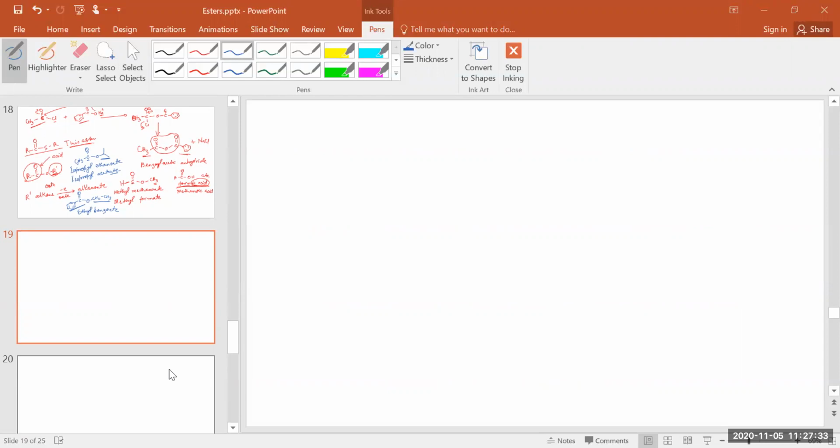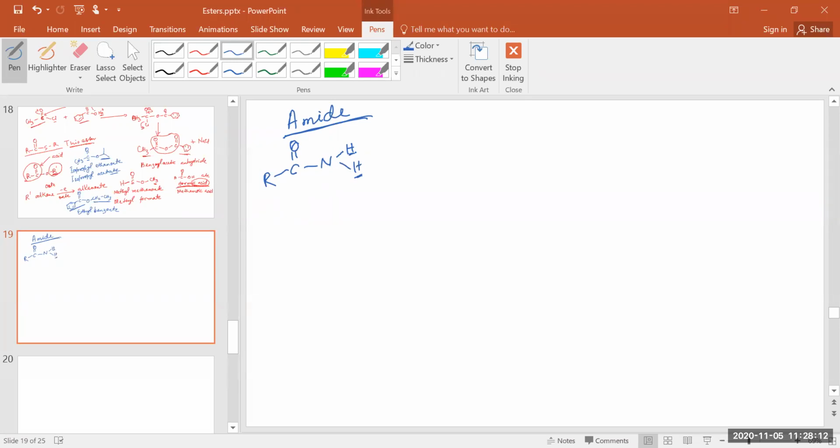And then the last one, we come to the amide nomenclature. So amide nomenclature: the amide functional group is CON. Here is the R group, and on the N you can have hydrogens, or these hydrogens can be replaced by carbons as well.